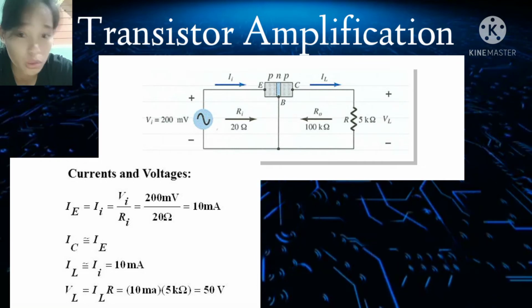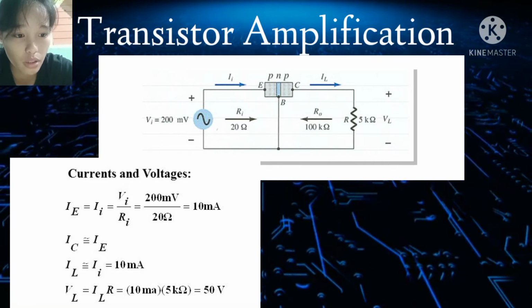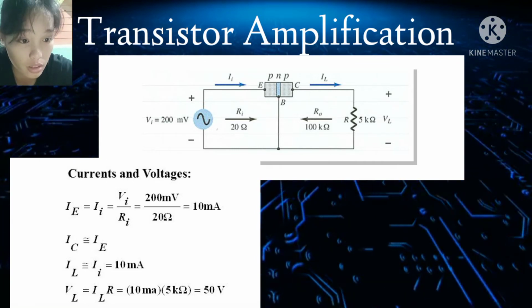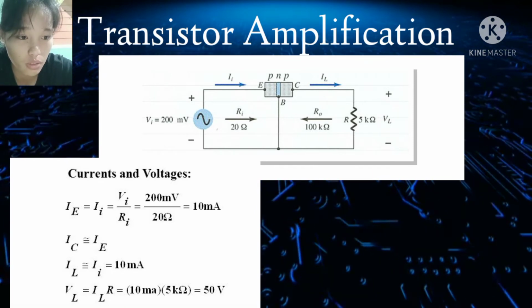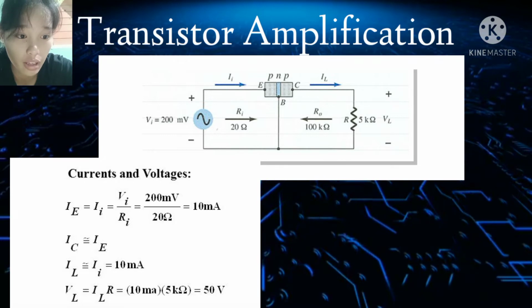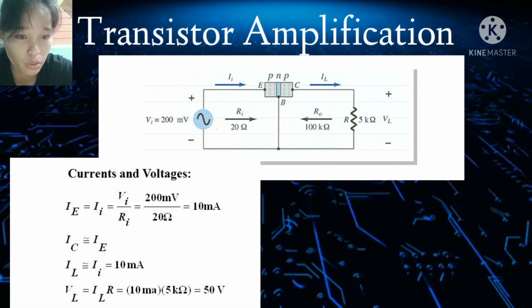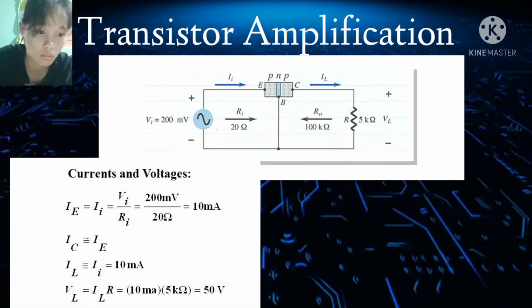This is equal to 10 milliamperes. Since our collector current is approximately equal to the emitter current, our IL is equal to the entering current, so IL is equal to 10 milliamperes.